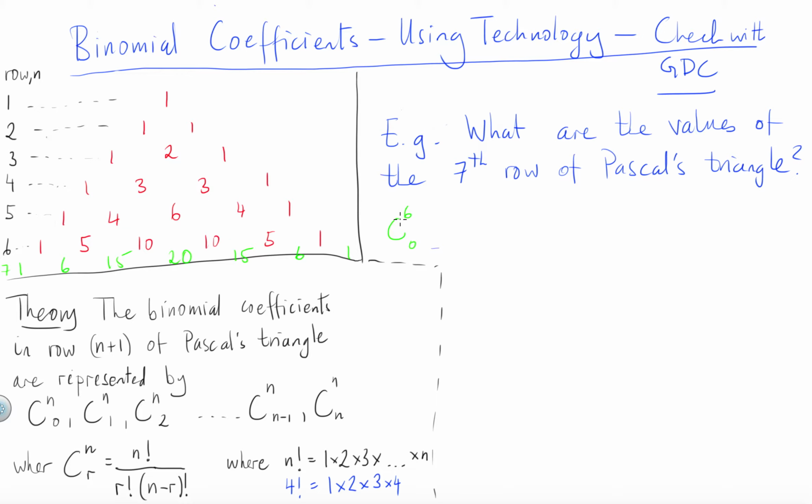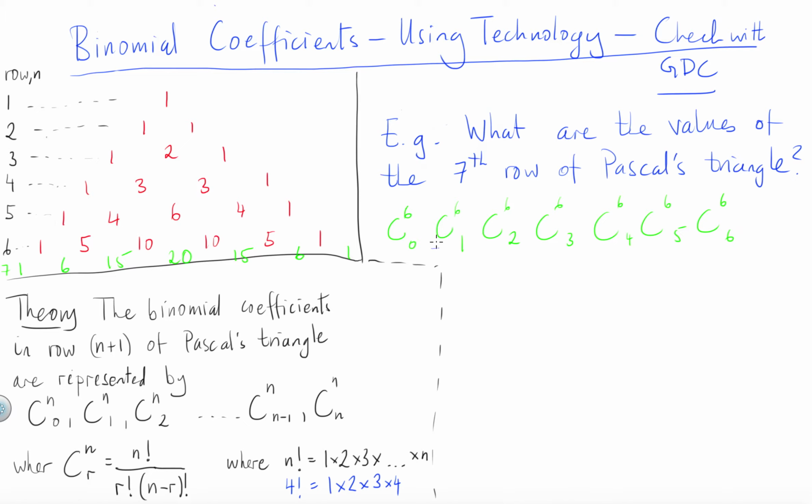There'd be C60, C61, C62, C63, C64, C65, C66. So I should have 1, 2, 3, 4, 5, 6, 7 terms.